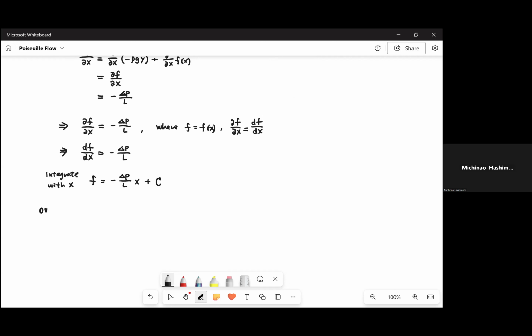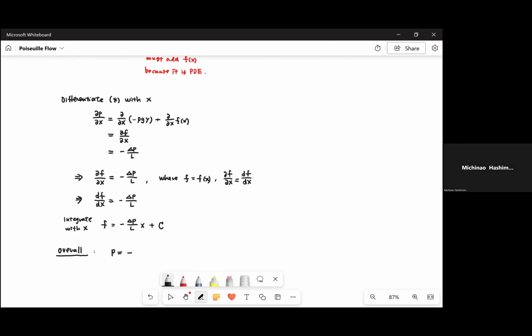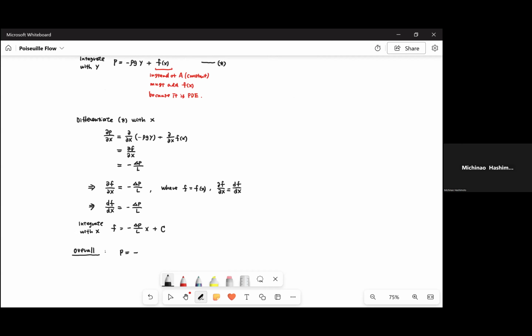Overall, what we have here is P equals, going back a bit earlier, this pressure is given by rho g y plus f(x). So therefore, it must be minus delta P over L x plus C.